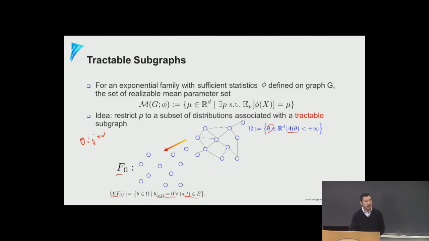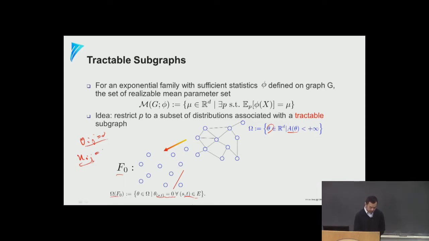And what does that translate to in terms of the mean parameter? For example, we have a mean parameter mu ij, which corresponds to a sufficient statistic defined on the pair of xi and xj. When this edge has a 0 weight, what does it translate to in terms of the properties of that mean parameter?